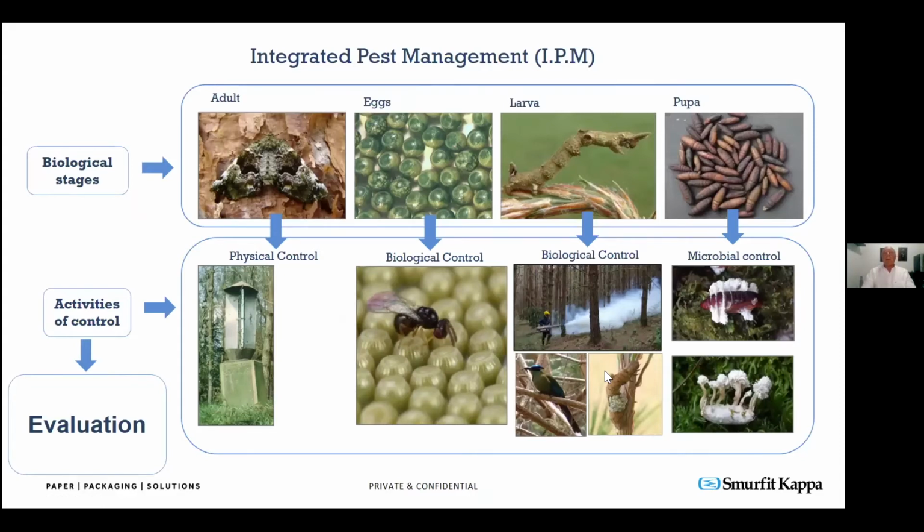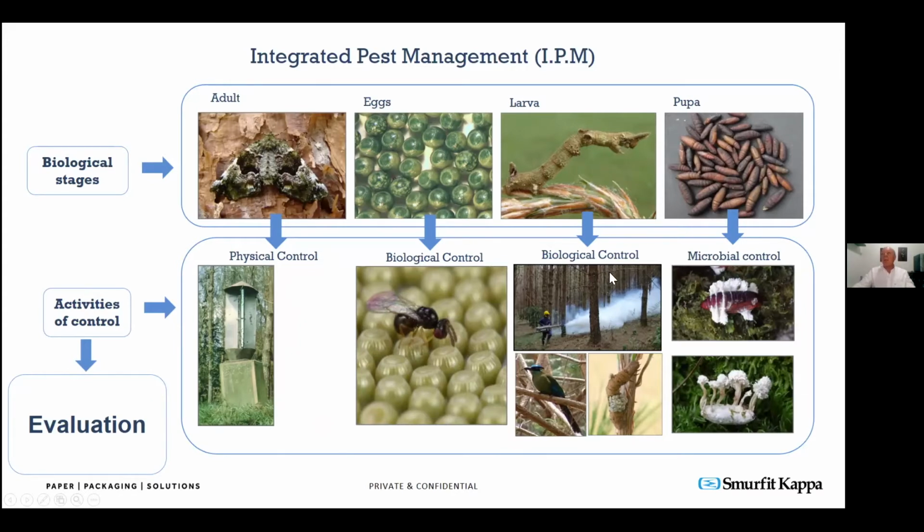Now, in terms of integrated pest management, we are using different strategies with emphasis on biological control. For adults, we apply light traps for population concentration. For eggs, we release egg parasitoids.